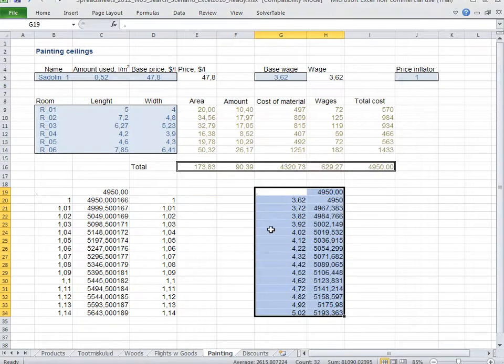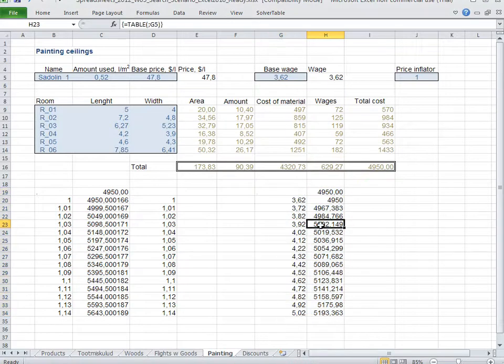And here we see the total costs going up. Now let's see how many percentages did our wage raise? We have to write equals the current wage divided by the very first wage, and we're fixing that first wage with dollar signs, and here it is.